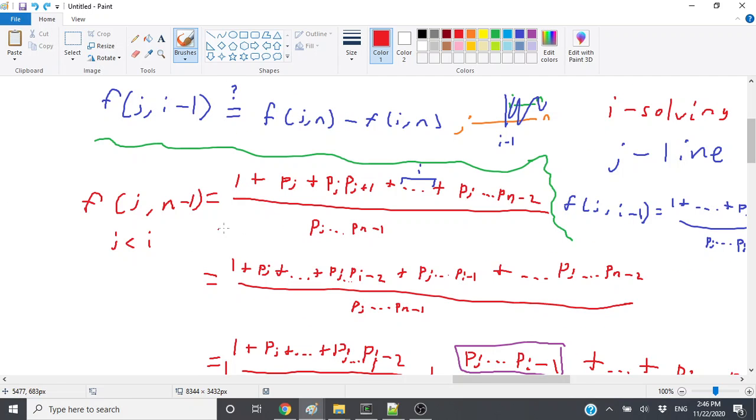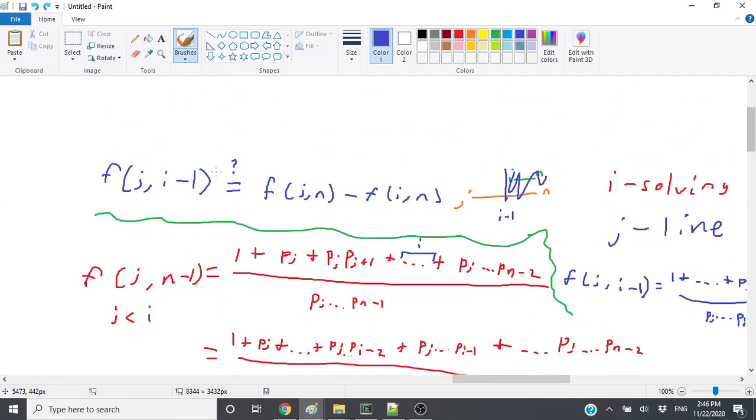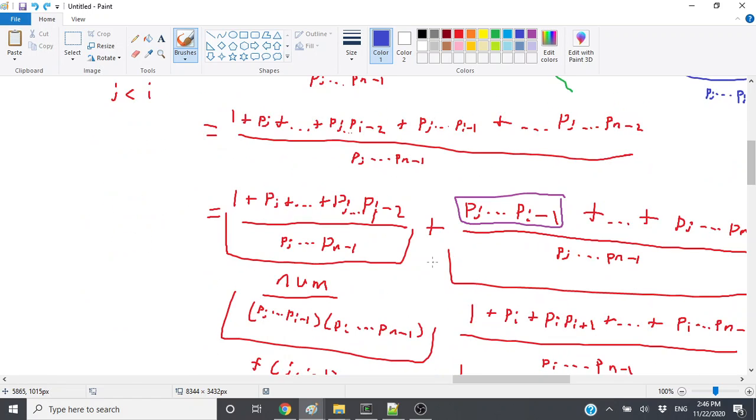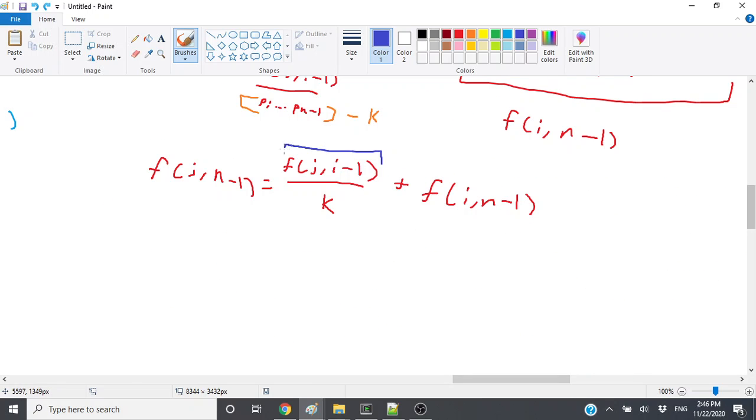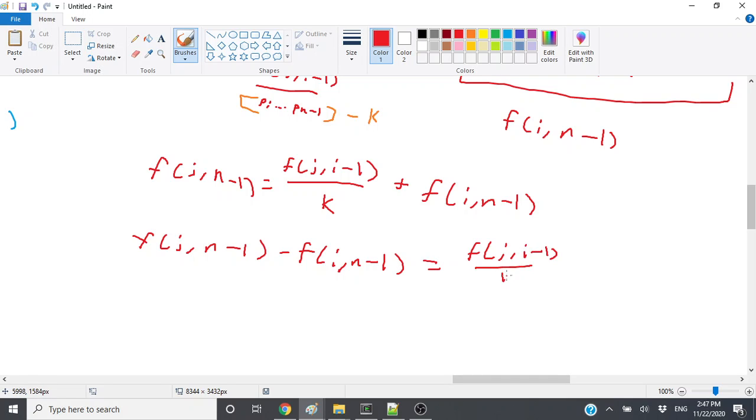So remember, our goal was to solve for this. So let's do some basic algebra here, as we've been doing. So now we get f of j to m minus 1 minus f of i to m minus 1 is equal to f of j, i minus 1 over k.